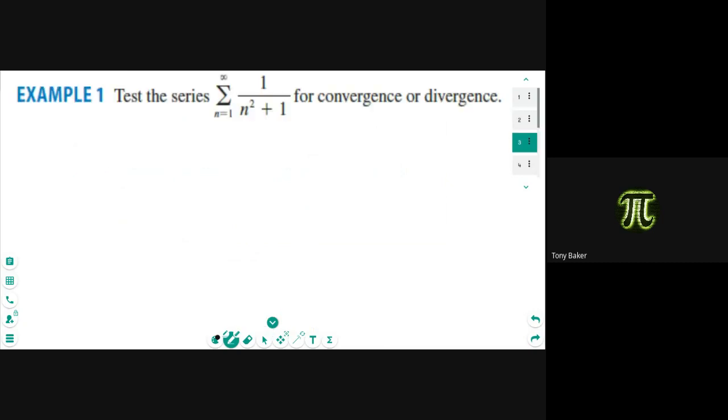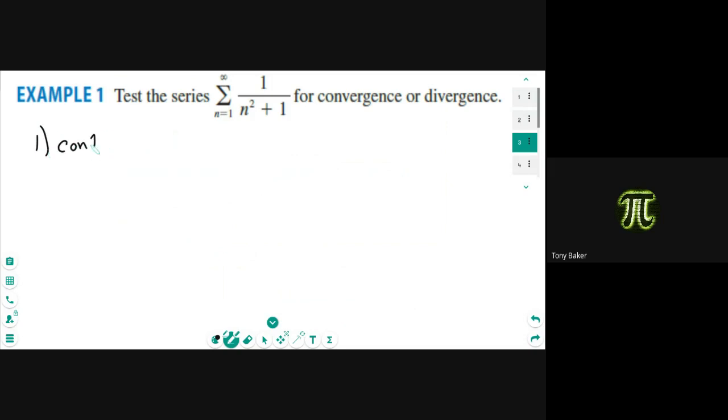All right, so let's look at this one: 1 over n squared plus 1. All right, so we need to check those three things.